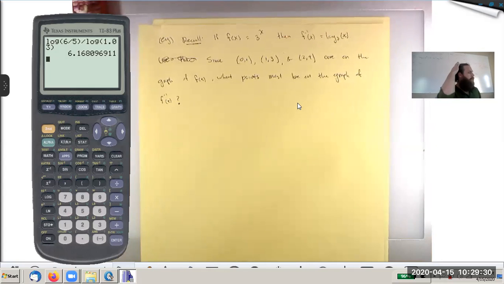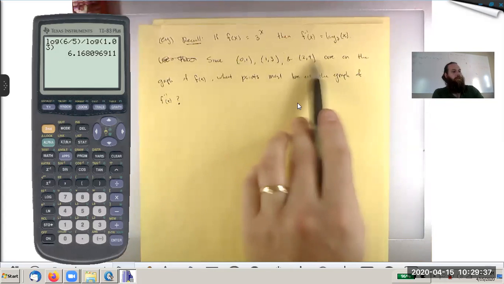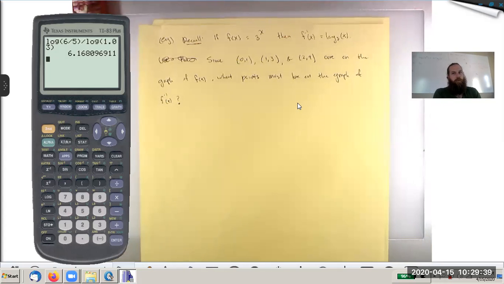Here we're given a little bit more information than we need to solve the problem, but I'm wondering if we remember the connection between points on the graph of f and points on the graph of f inverse.